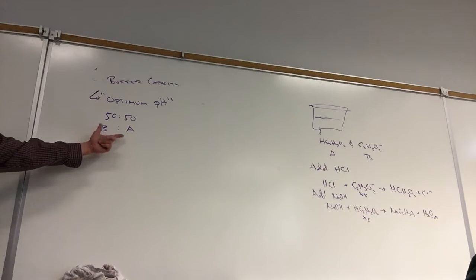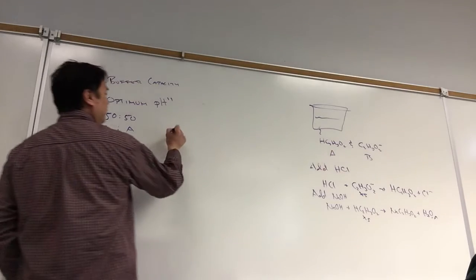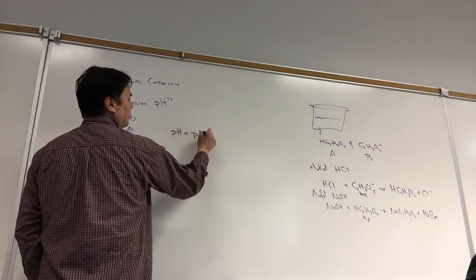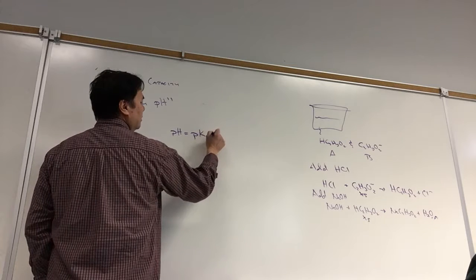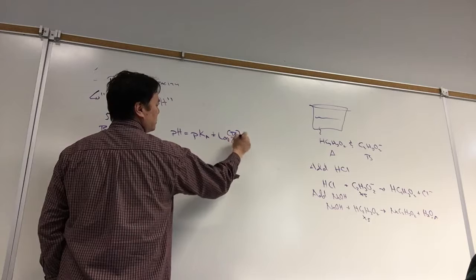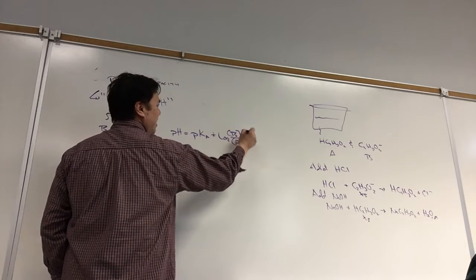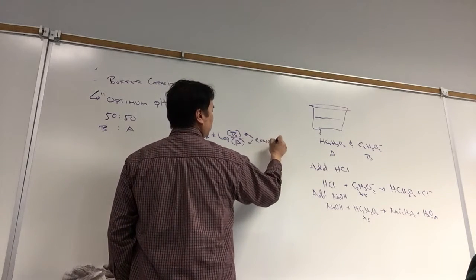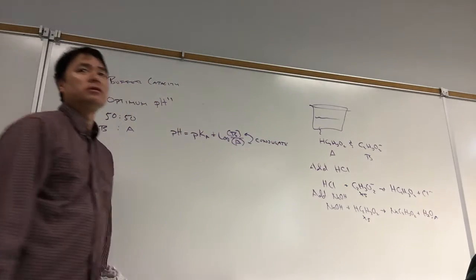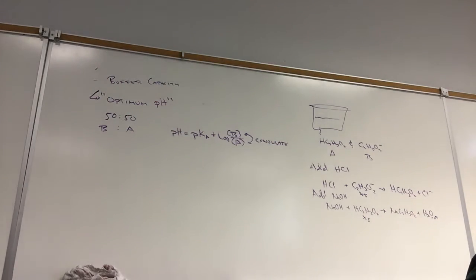And so when we have a 50-50 mix, then the pH of the buffer, using the Henderson-Hasselbalch equation, is just the pKa plus the log of the base concentration over the acid concentration. And the base and the acid have to be conjugates for this equation to work. If they aren't conjugates, then you have to solve simultaneously using the Ka of the acid and the Kb of the base.